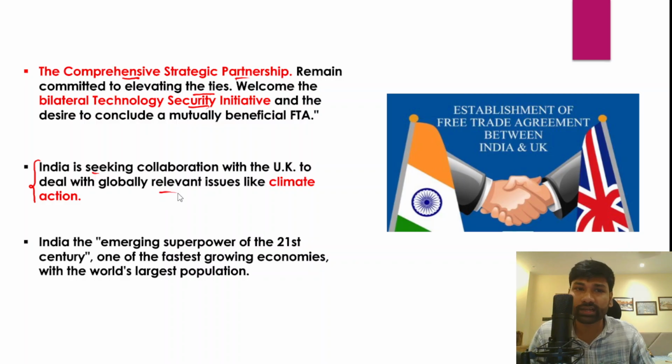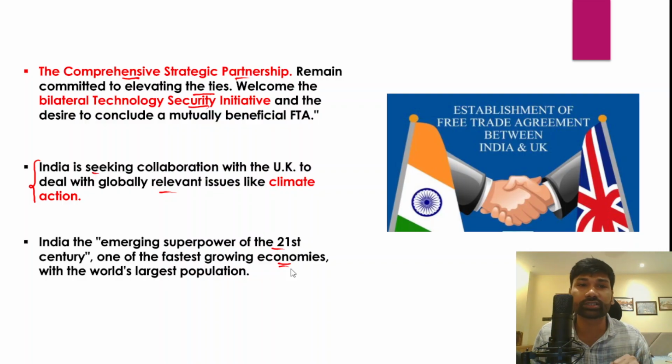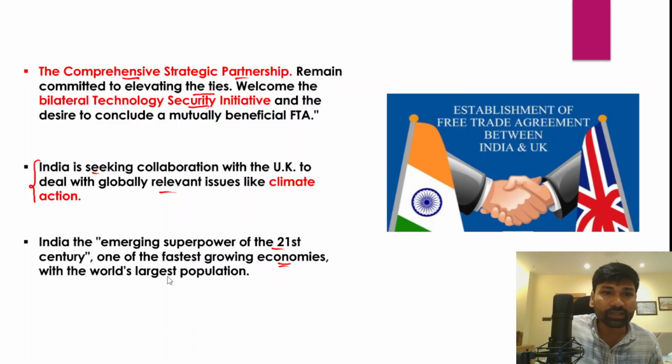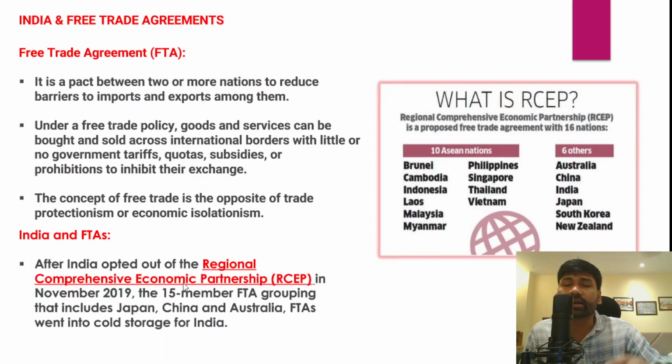And no doubt India is an emerging superpower of the 21st century. It is a middle power and has been growing at a faster pace. It is also expected that India would become a superpower, and it is one of the fastest growing major and emerging countries with the largest population in the world. Of course, most of these countries wanted to have close and friendly ties with India because that would benefit their strategic interests.